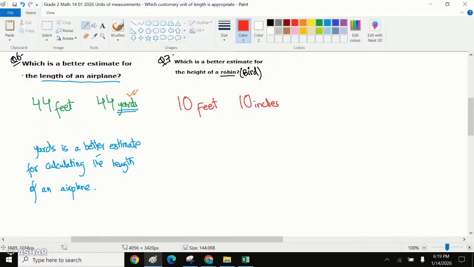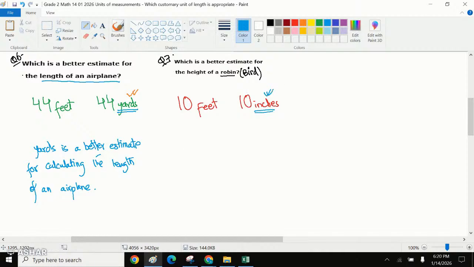I don't think so, right? We haven't seen a bird twice our height. But we have seen a bird that is 10 inches. Yes, thank you, May. So we say that inches is better, right?